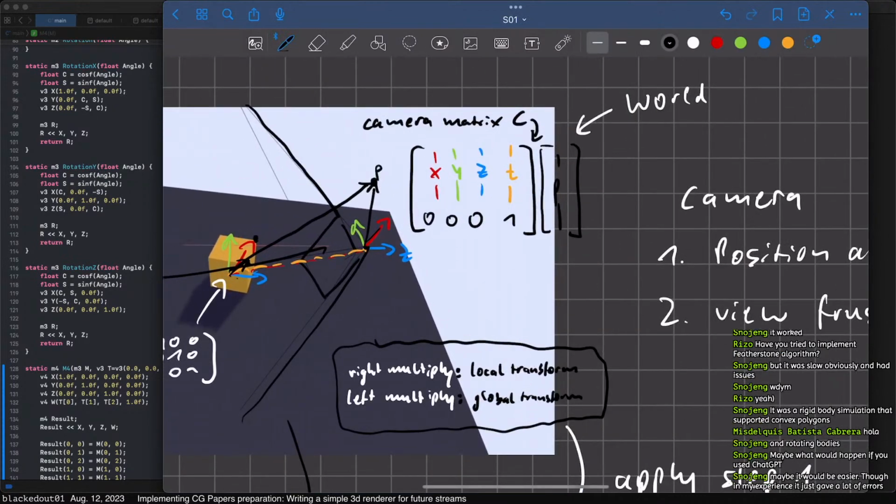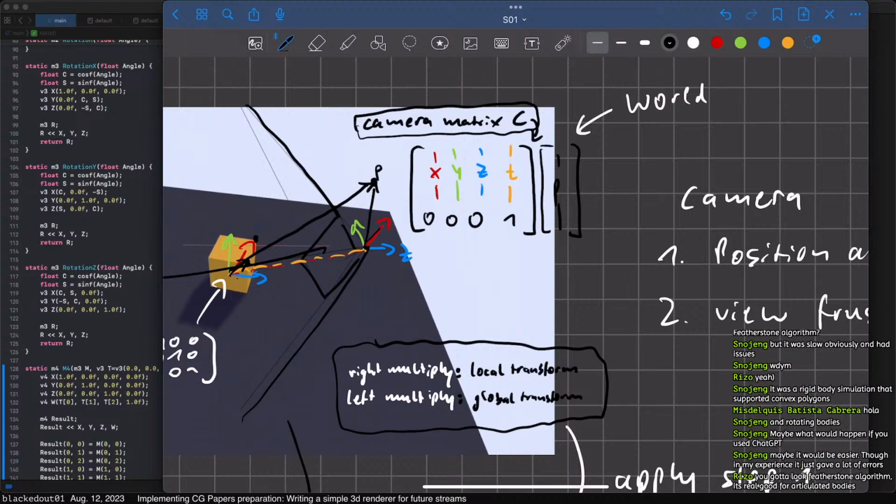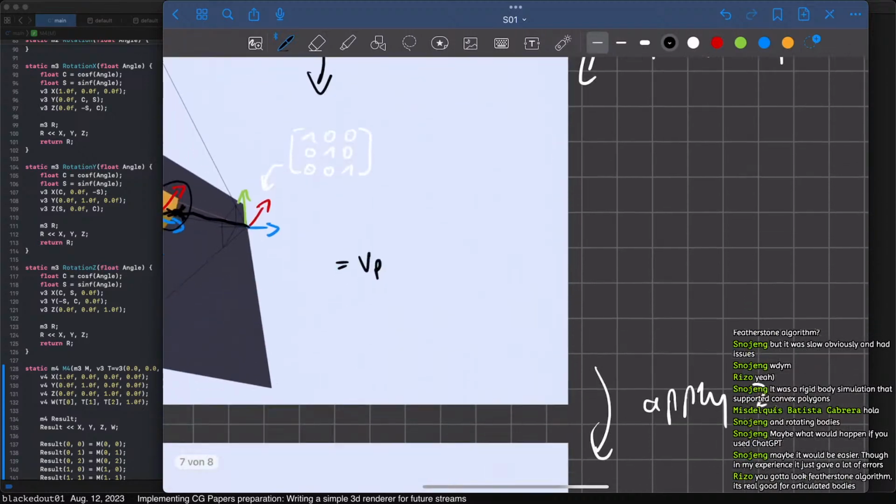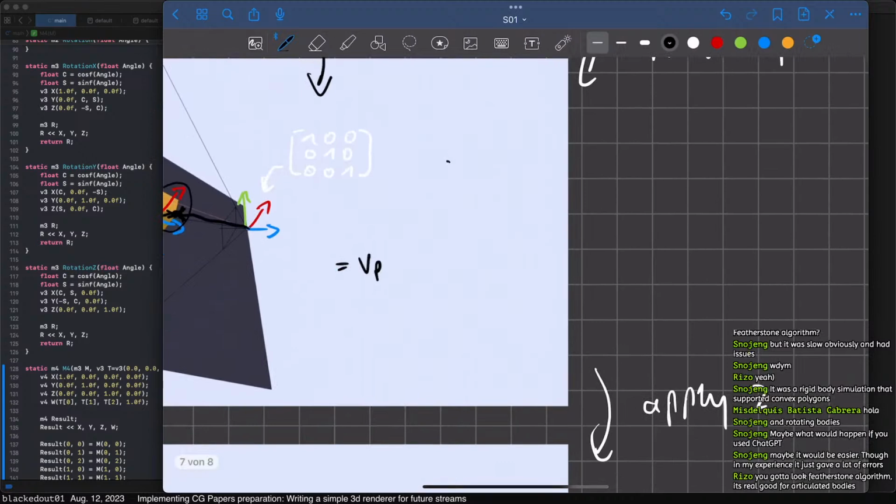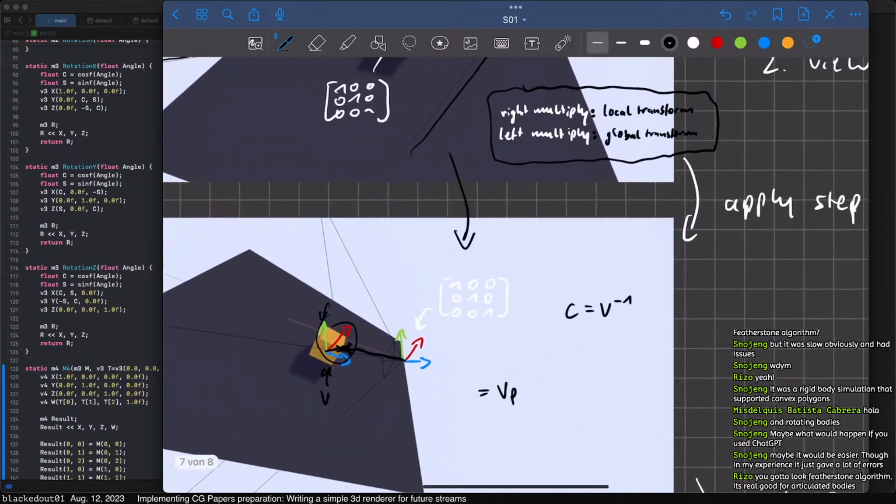And this is why I talked about the camera matrix, because the camera matrix is the inverse of the view matrix.